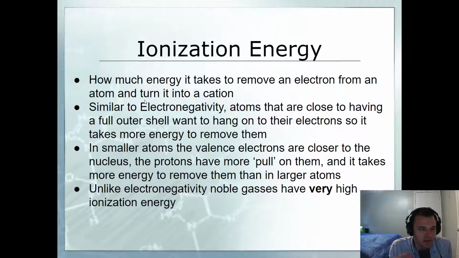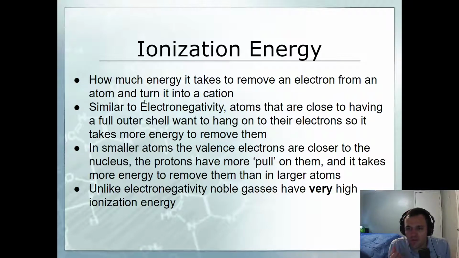The third one is ionization energy. This is how much energy it takes to remove an electron from an atom and turn it into a cation. If you remember from last time, a cation is a positive ion, which makes sense: electrons are negative charges, so if you remove one, overall you're going to have a positive ion left over.